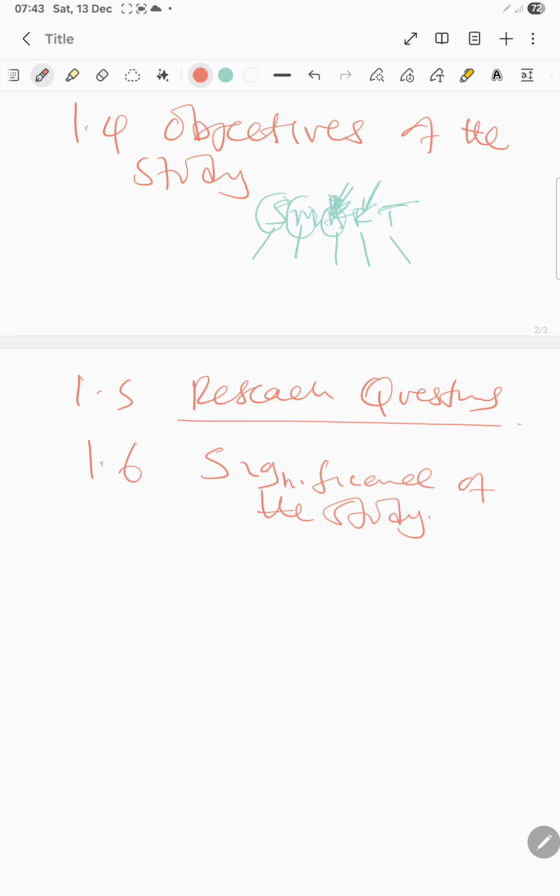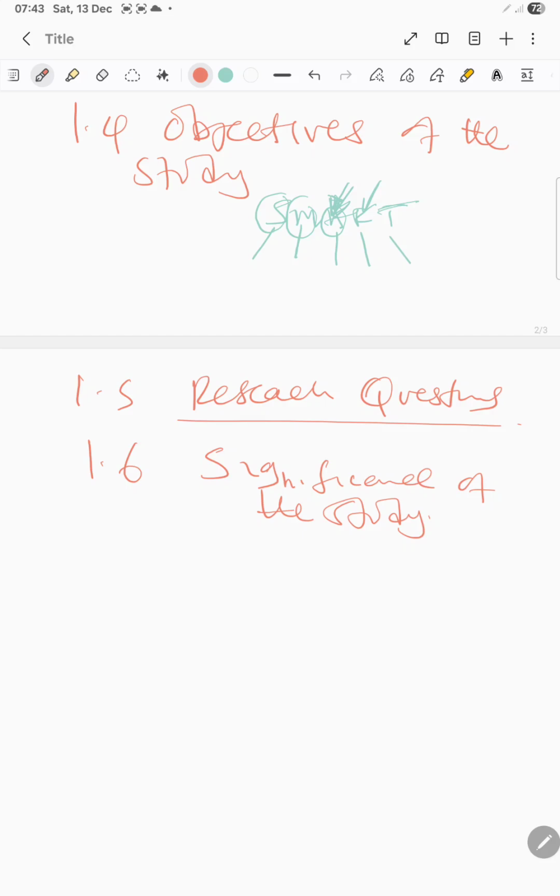So for instance, one of the significances that we normally put in research is that what you are writing will contribute to the already existing body of knowledge. That is what we call the significance of the study.